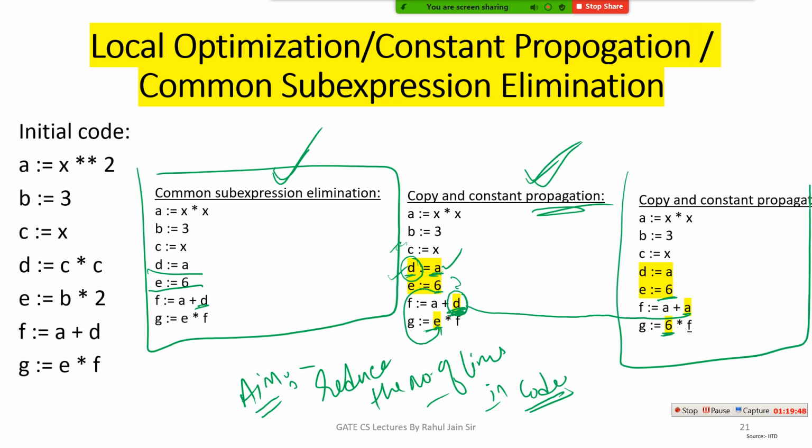Now my optimized code, after applying constant propagation and variable propagation, is looking like that. Now again I am copying this code here.